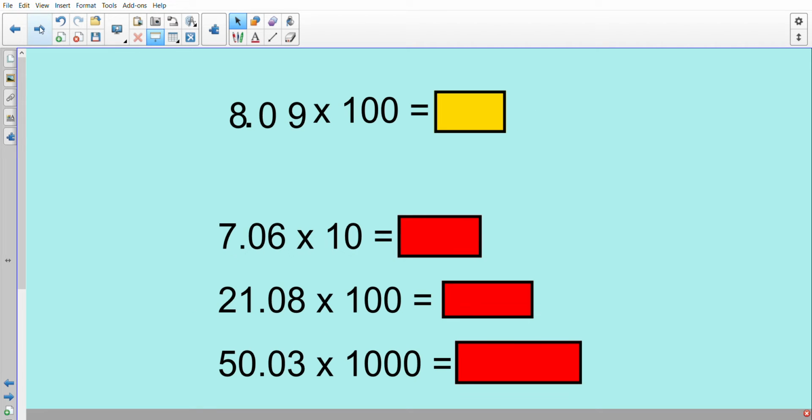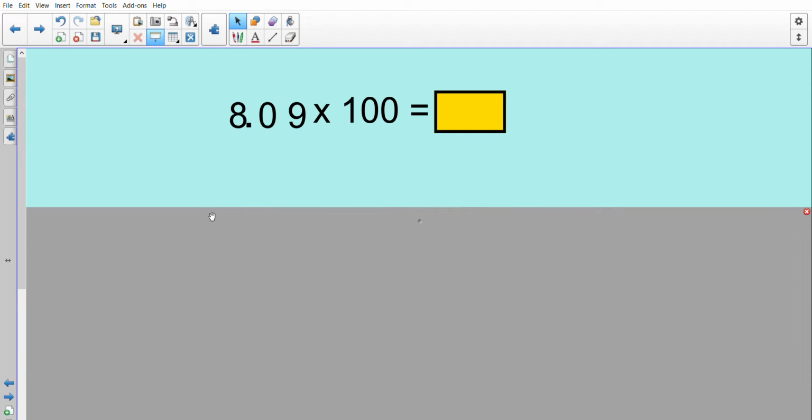Okay, let's have a look at this one here. We've got, let's just cover these, 8.09 times 100. Now, what makes this one a little bit tricky is that we've got this 0 here. And in my experience, children sometimes think it's okay to just get rid of the 0, but it's really important, because that 0 is between the 8 and the 9, it needs to stay there, okay? So let's do 8.09 times 100.